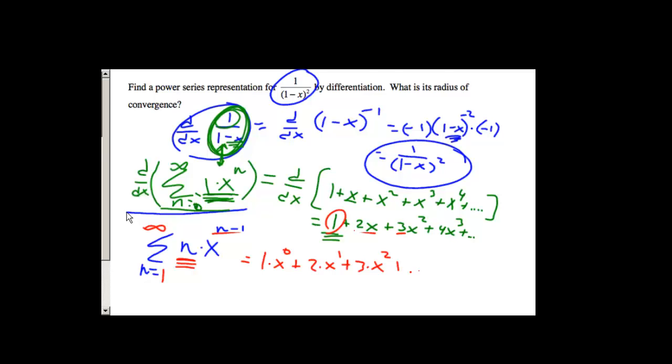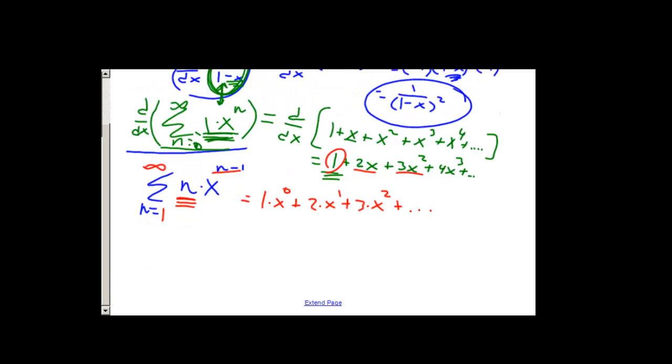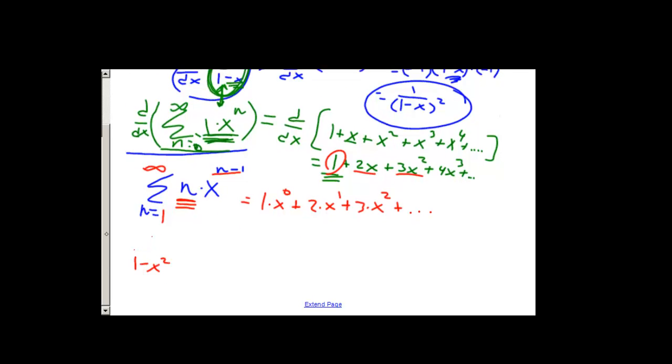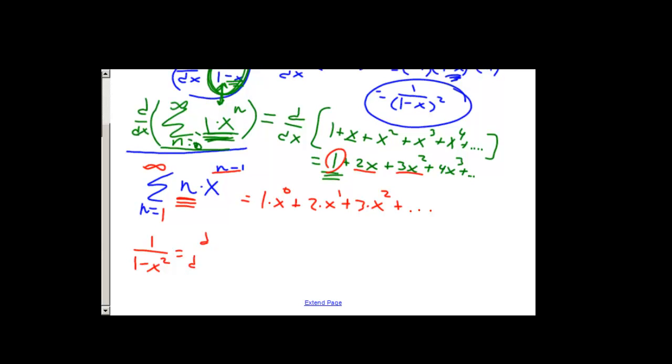So therefore, what we just showed is that 1 over 1 minus x squared is equal to the derivative of 1 over 1 minus x.